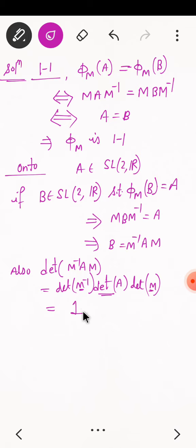So this is 1. So for any A, there exists a matrix B such that phi M of B equals A. So phi is onto.